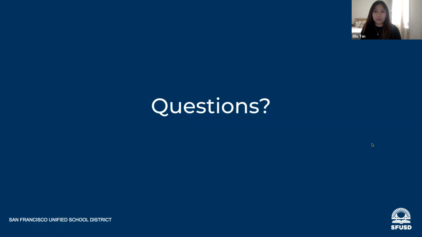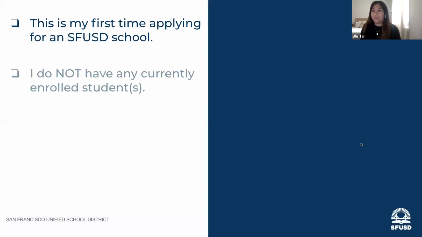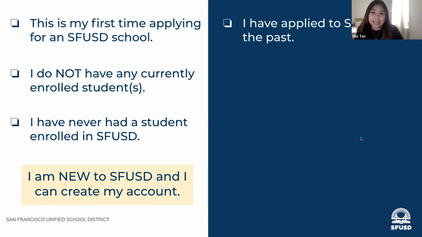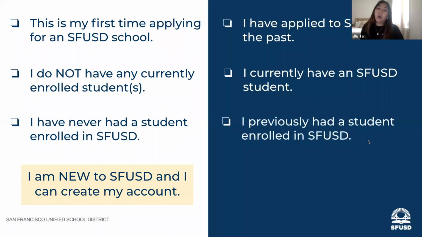I did go through some questions and I see them through the chat. Now that we've reviewed how new families can create accounts, what if I've applied to SFUSD in the past? I currently have an SFUSD student, but maybe I'm adding or enrolling a new student this year or next year.